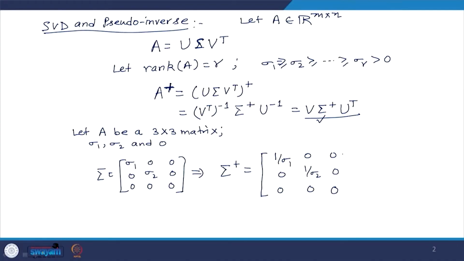So, I will simply replace it by 0. If the entry is very small, close to 0 or 0, in that case I will simply replace it by 0, not by the reciprocal, because that will not be defined or will become a very large value. So, this is the case of a square matrix.